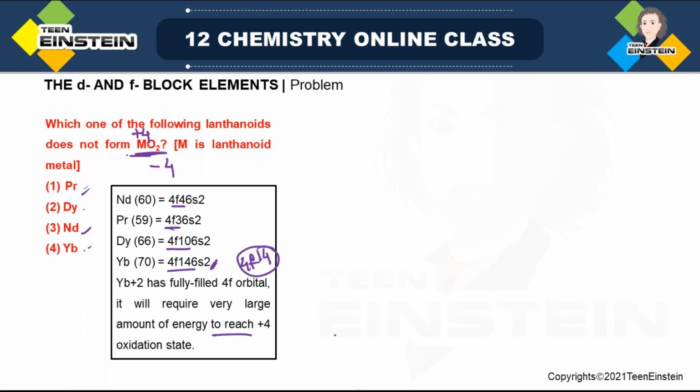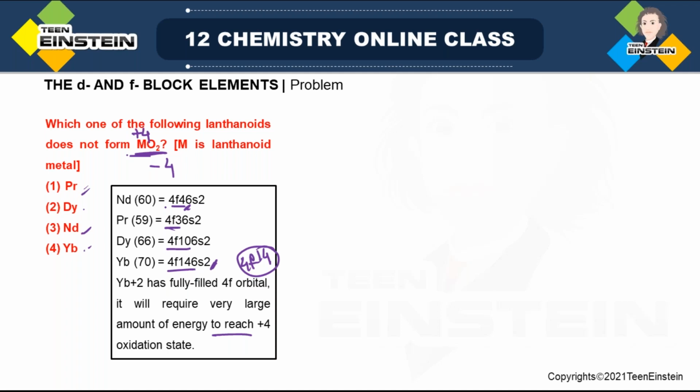But look, sorry, it is also given, it is not correct. Okay, this one is the correct answer. It is given wrongly. Now, the removal of the next 2 electrons is really difficult.